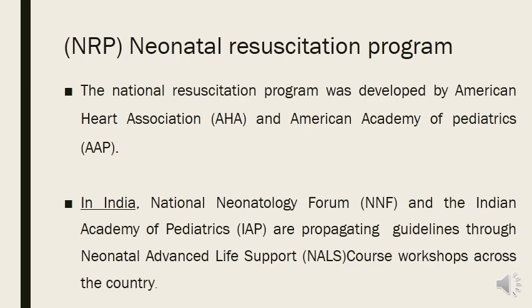In India, the National Neonatology Forum NNF and the Indian Academy of Pediatrics IAP are propagating the guidelines through neonatal advanced life support courses and workshops across the country.